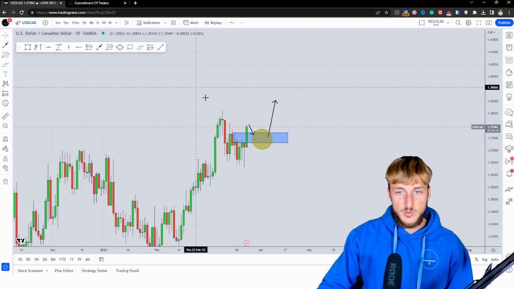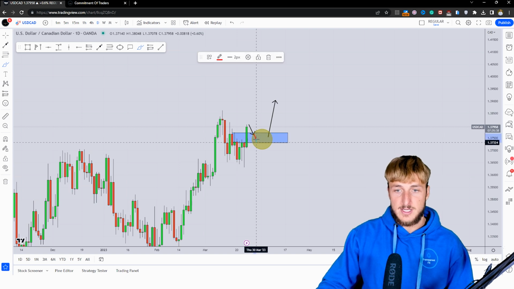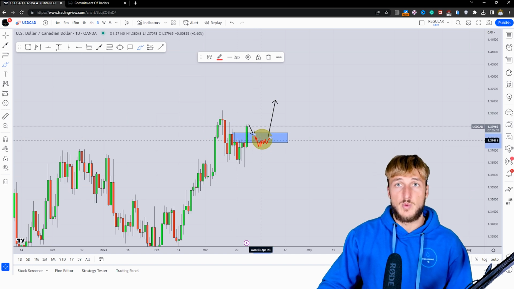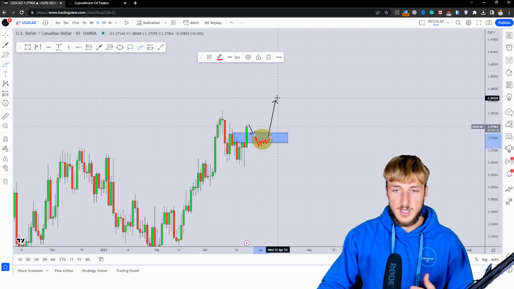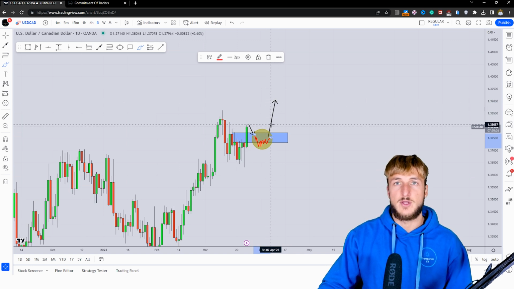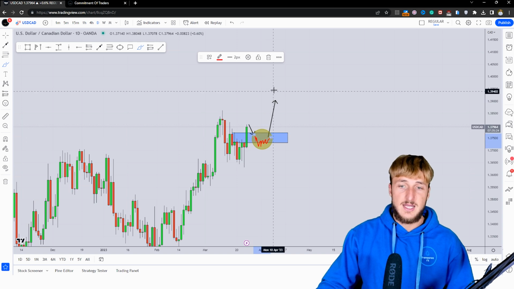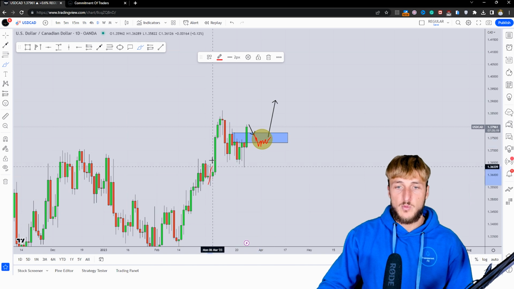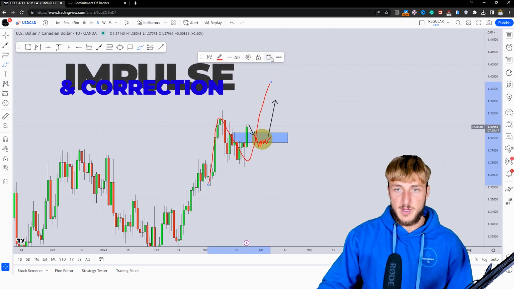Therefore, what we could be doing is monitoring price action from an intraday perspective during this move to the downside, waiting for the market to shift from an intraday bearish market as we would have to an intraday bullish market. And if the market would shift from an intraday bearish to bullish market and provide to us one of our valid entries, at that point we could be looking for a potential rejection to the upside for the market to complete the weekly impulse correction and impulse pattern to the upside.